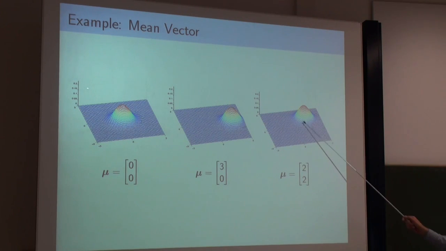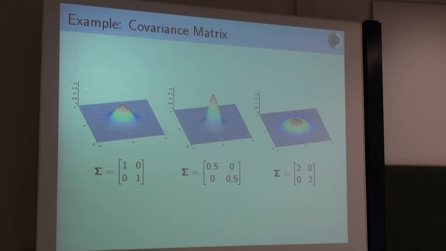This is shifted diagonally in x and y direction. And here you see, we saw it already, 3 different variances. What's important is that the variance in x and y direction is the same, and that's why the contour lines here are circles. As soon as the variances are not the same in both directions, we will get ellipses.